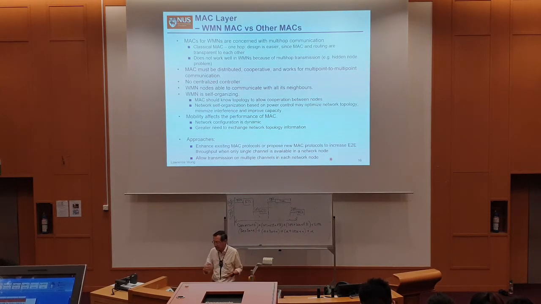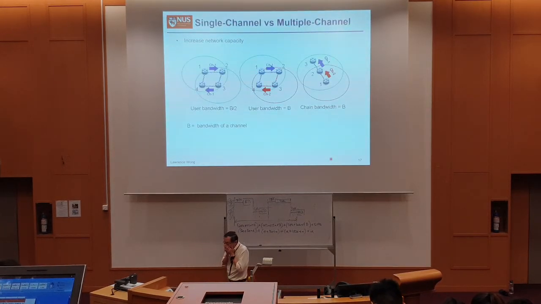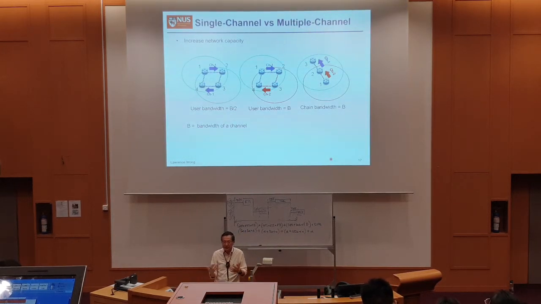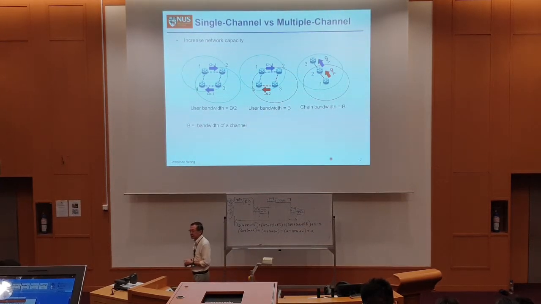We'll see some examples afterwards. In the left figure, you are using only one channel, and that channel is shared by everybody. So if somebody is talking, you have to keep quiet. On average, because you talk and you listen, your bandwidth B is half the bandwidth, because half the time you're listening and half the time you're talking.